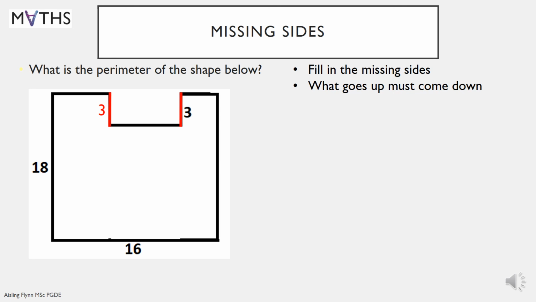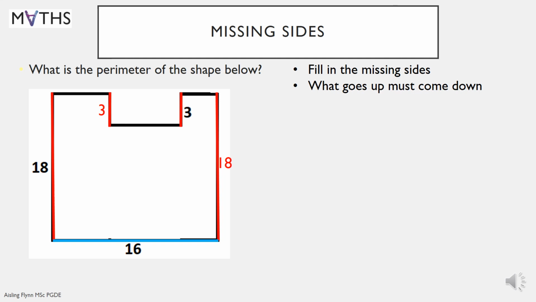And sticking with the vertical, I know that this side here, the total height of the shape on the left, so what goes up is 18, is equal to the total length of the side of the shape on the right. That must be 18 also. Okay, now let's look at the horizontals.